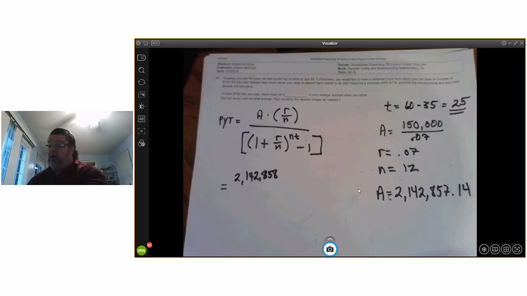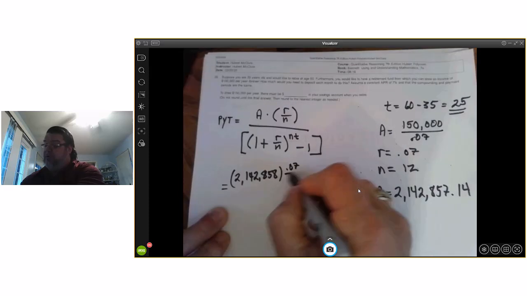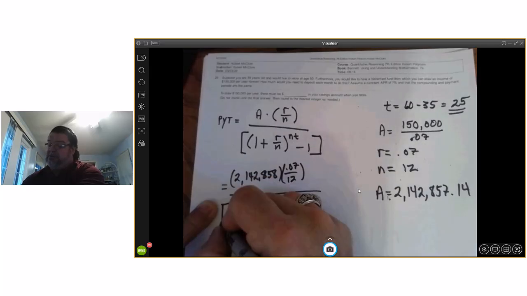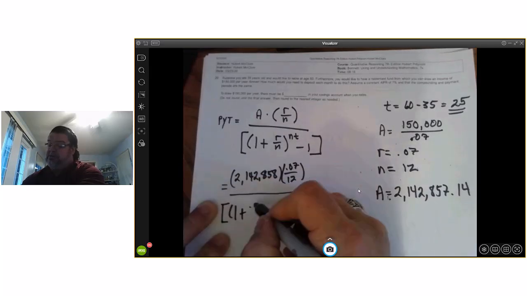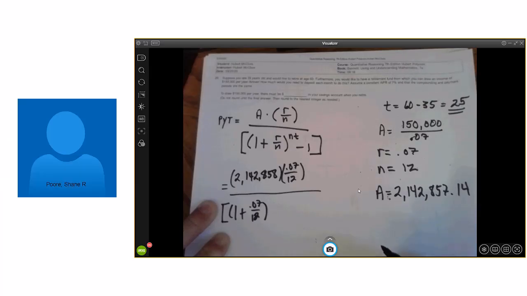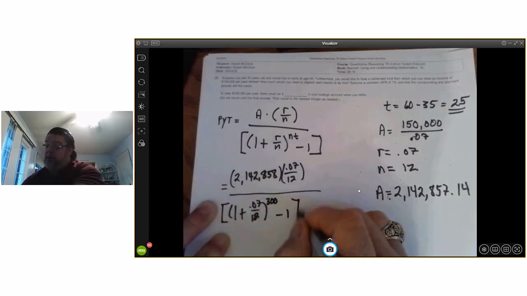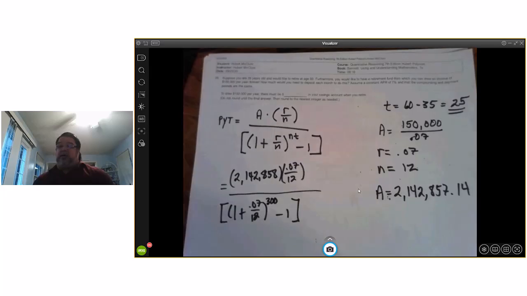I'm going to round it to the nearest dollar, times R, which is 0.07 over 12, divided by parentheses 1 plus 0.07 over 12 raised to the 12 times 25. Somebody tell me what 12 times 25 is. 300. 300 minus 1. All right, start cranking that through your calculator.